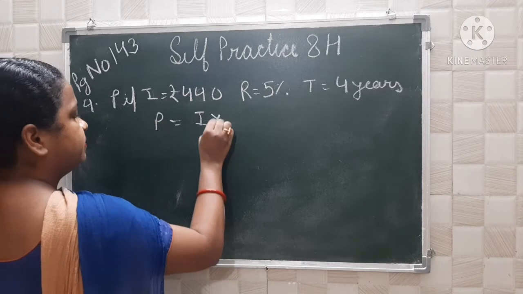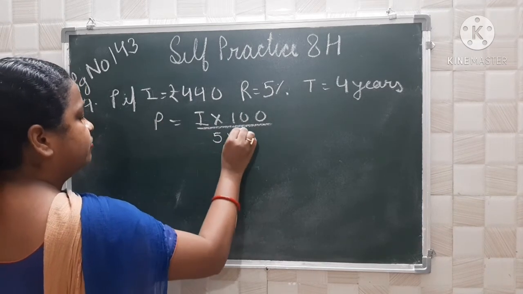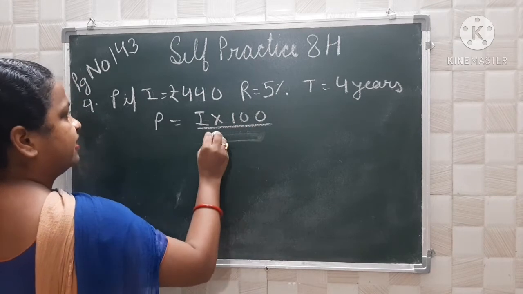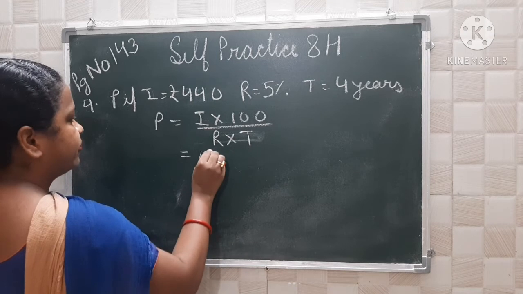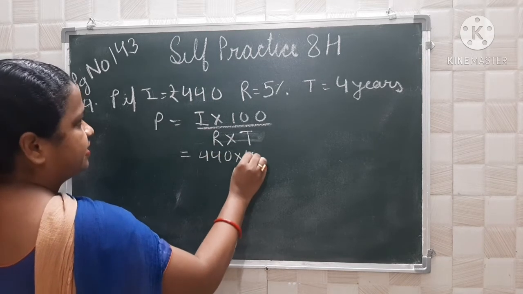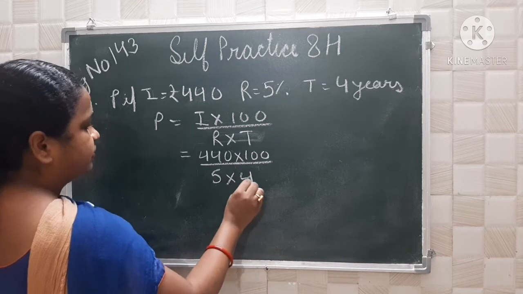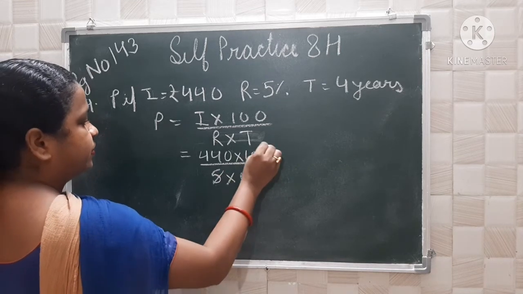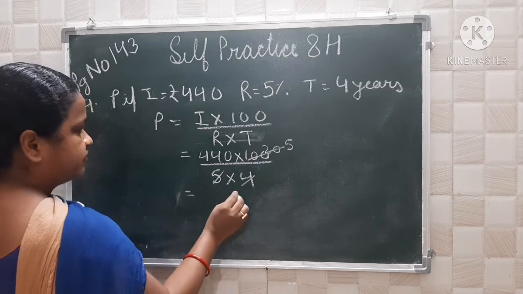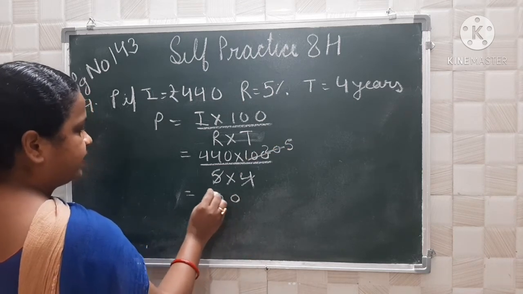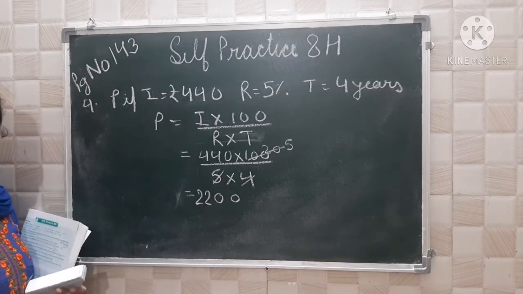P is equal to I into 100 upon R into T. That will be 440 into 100 upon 5 into 4. 5 20s are 4 5s are 5 zeros is 0, 5 4s are 20, 5 4s are 20. 2200 will be your principal.